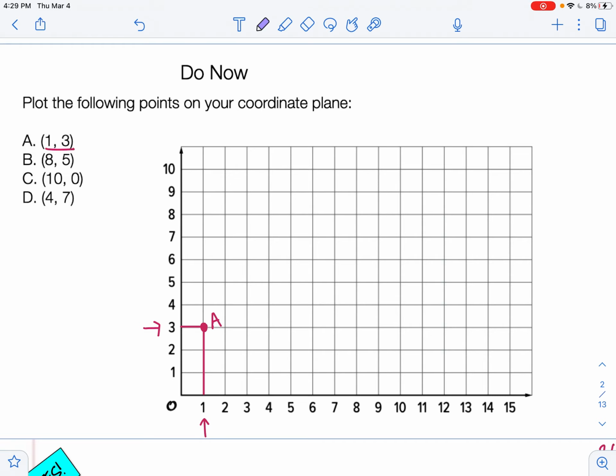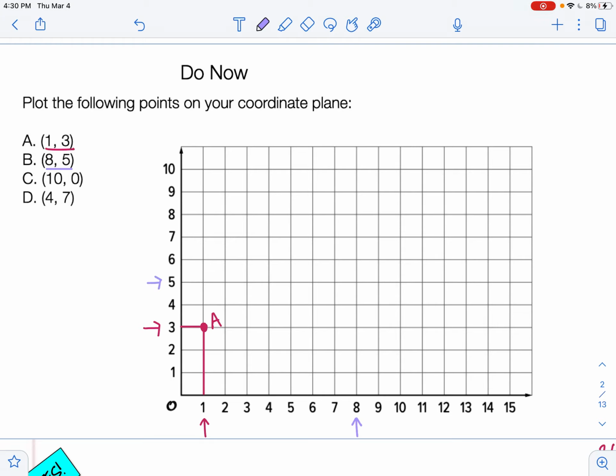Let's say that you want to graph the point (8, 5). Again, I know that my first number is my x. A good way to remember that is that x comes before y in the alphabet. So I'll find 8 on my x-axis, and I'll find 5 on my y-axis.